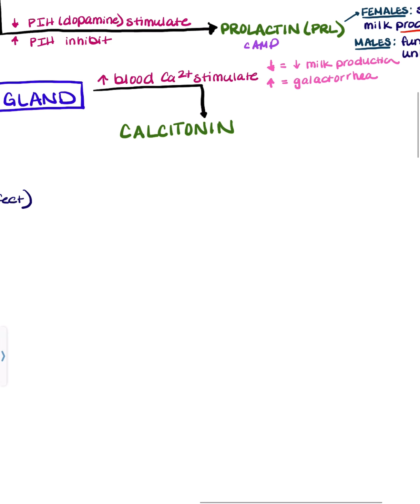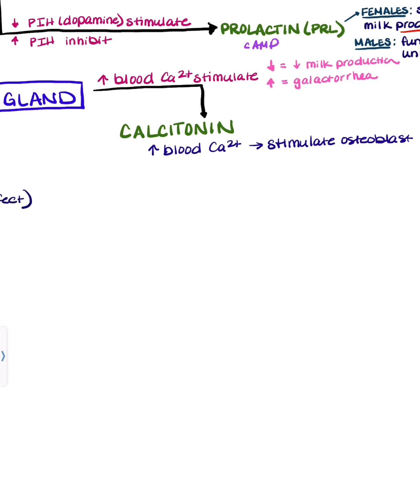Because the function of calcitonin, when it's administered at high doses, is that if we have high blood calcium, calcitonin can come in and stimulate osteoblast activity. And if you remember from the skeletal section lecture when we went over in A&P1 and talked about all the different cells found within osseous tissue, osteoblasts can go in and build bone.